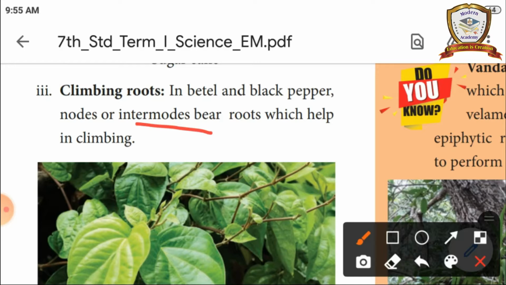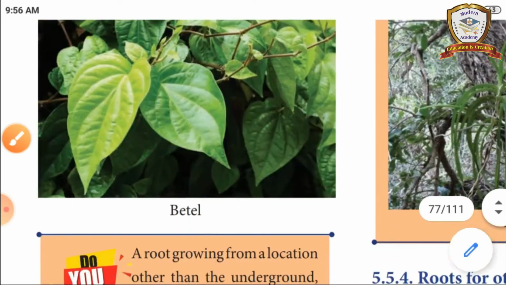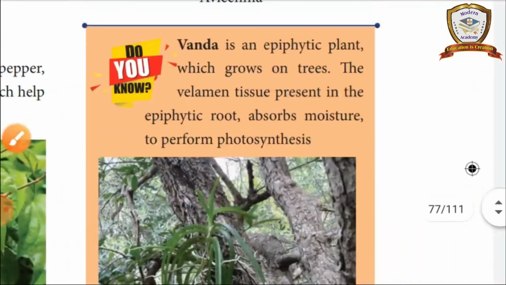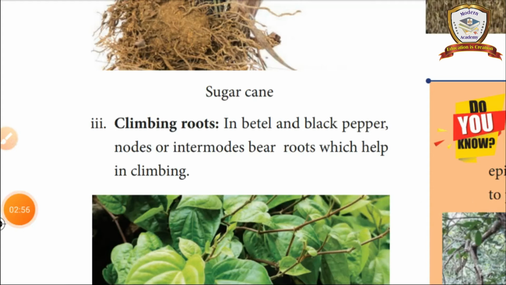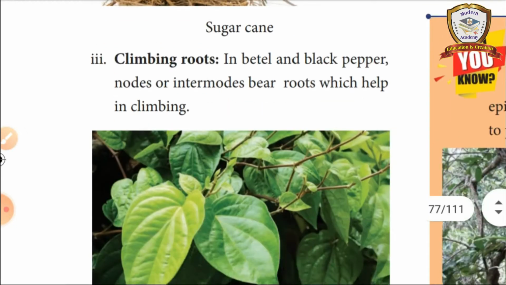So these are the additional roots in the betel and black pepper, at the internodes, to give support to the plant. And these are the three types of mechanical supportive roots. What are they? Prop roots, stilt roots and climbing roots.